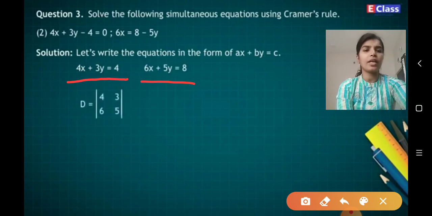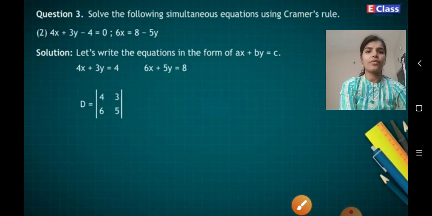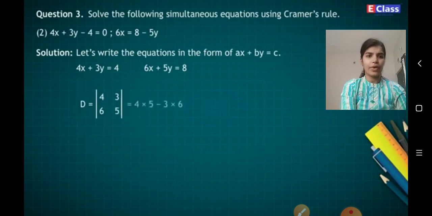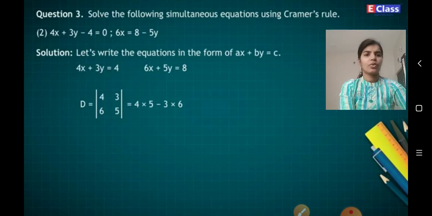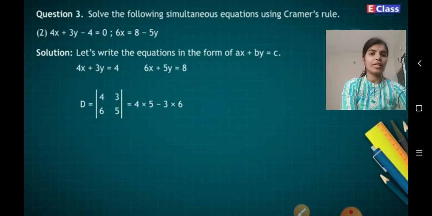Then we find D. In D we write a1, a2, b1, b2. Here a1 is 4, a2 is 6, b1 is 3 and b2 is 5. So we write 4, 6, 3, 5. Then solve: 4 into 5 minus 3 into 6. 4 fives are 20, 20 minus 18. So the value of the determinant D is 2.